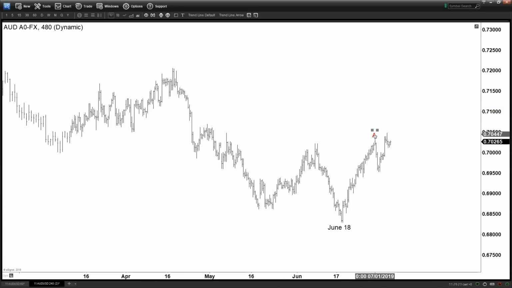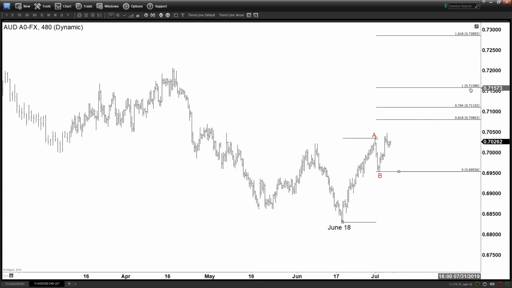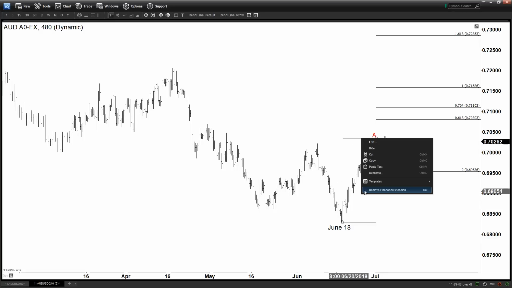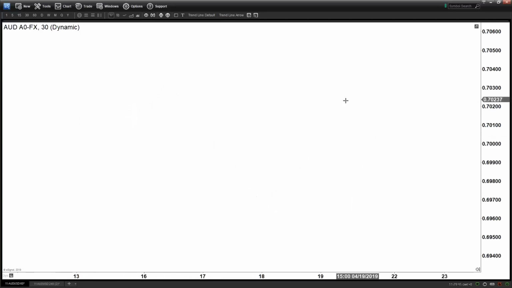This is your A, this is your B. So now we are in the C. Again, as far as how much higher it can go, if the C equals the A, that can go all the way to 0.7160 to the upside.